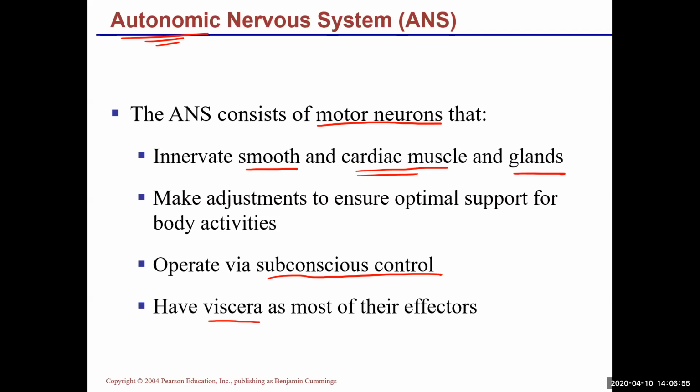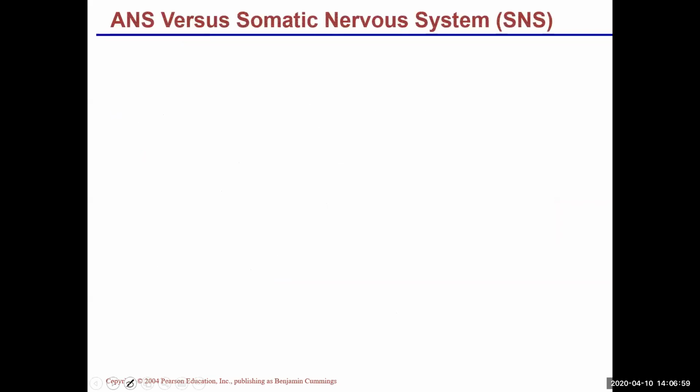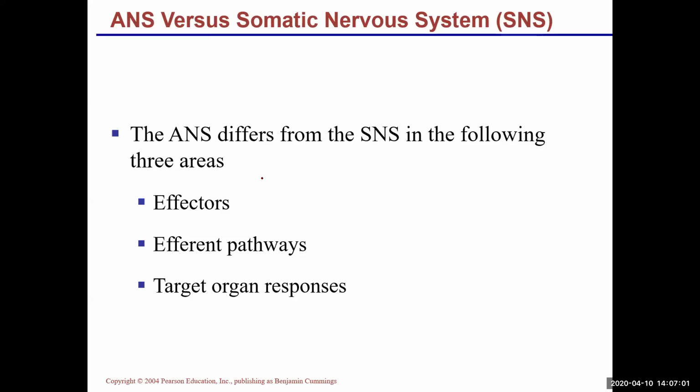So how are they different from the somatic nervous system? Let's take a look at the differences now, in three areas: effector, efferent pathway (efferent, remember, means exiting from the central nervous system), so how they are exiting and the type of neurotransmitters involved, that is important, and target organ response.